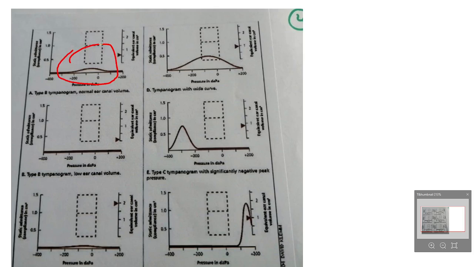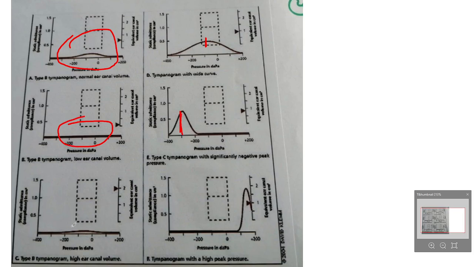This is type B because it is flat. This can be type AS. Or this is type B again. This is type C because it lies on the negative side. This is type B again, flat.